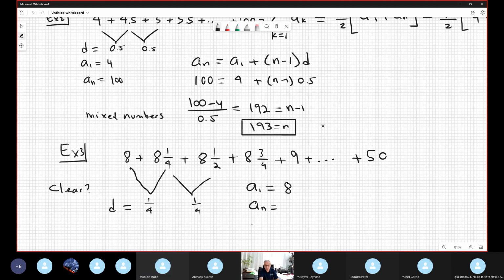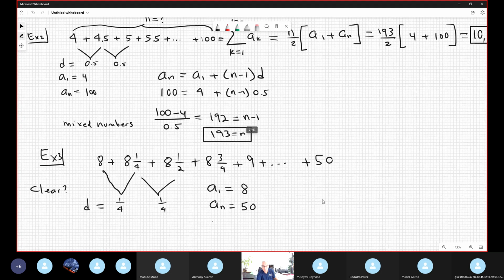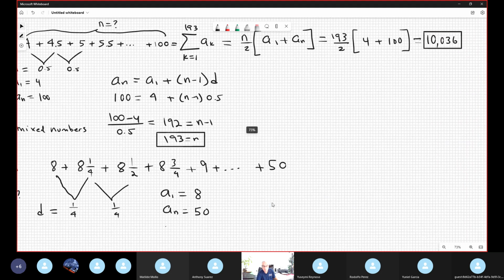So the first and the last. In the formula only the first and last participate. Okay, what is my formula? Well, I copy it one more time: summation from k equal 1 to n, I have no idea, of a sub k.